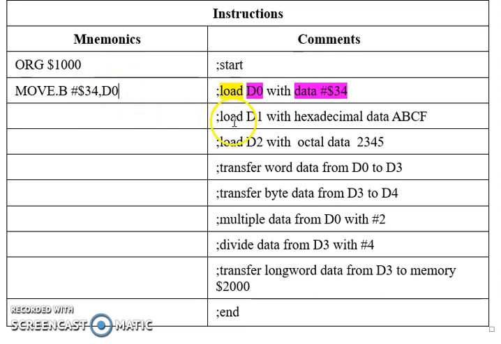Alright, look at the third comment. Load. When you see the word load, it represents move. D1 with hexadecimal data ABCF. If you compare this line with the second line, the difference is that for the second line they gave the symbol, but here it is in the form of a statement where they said hexadecimal data ABCF.